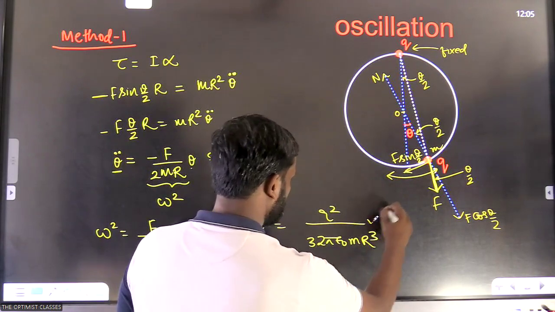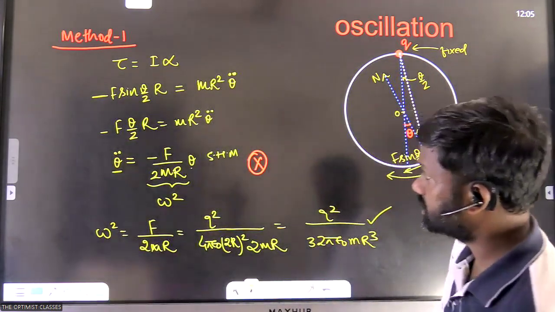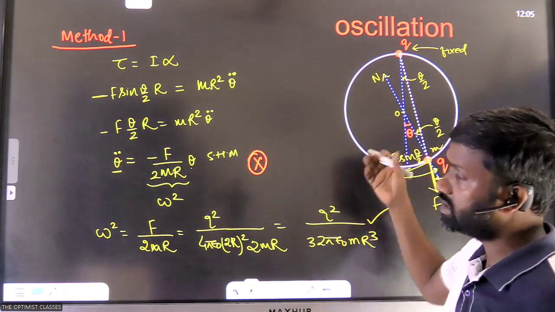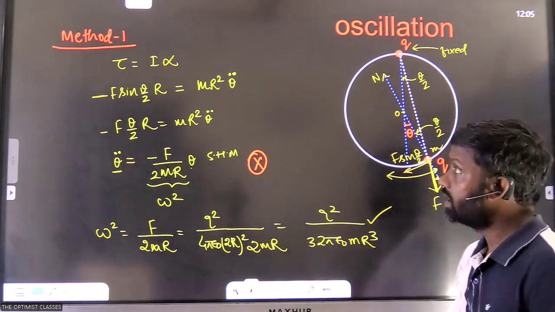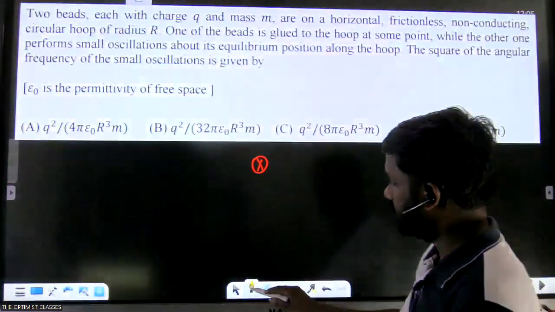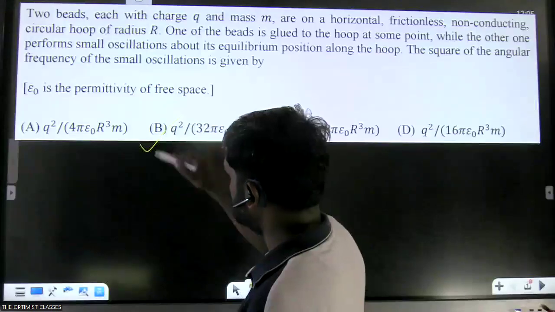So that's the answer. If you assume that the force almost remains constant, you can very easily answer this question. This is method 1, and this is given in option B, so option B is correct.